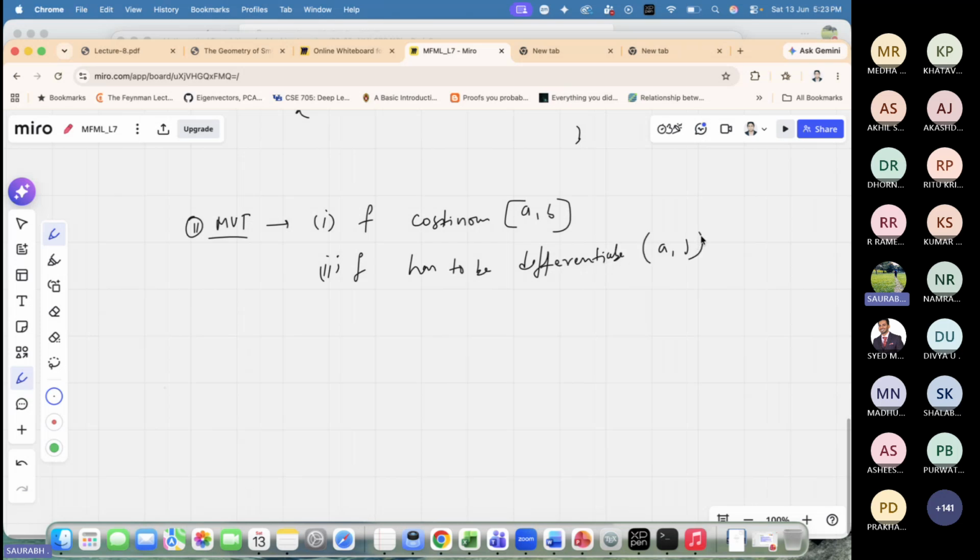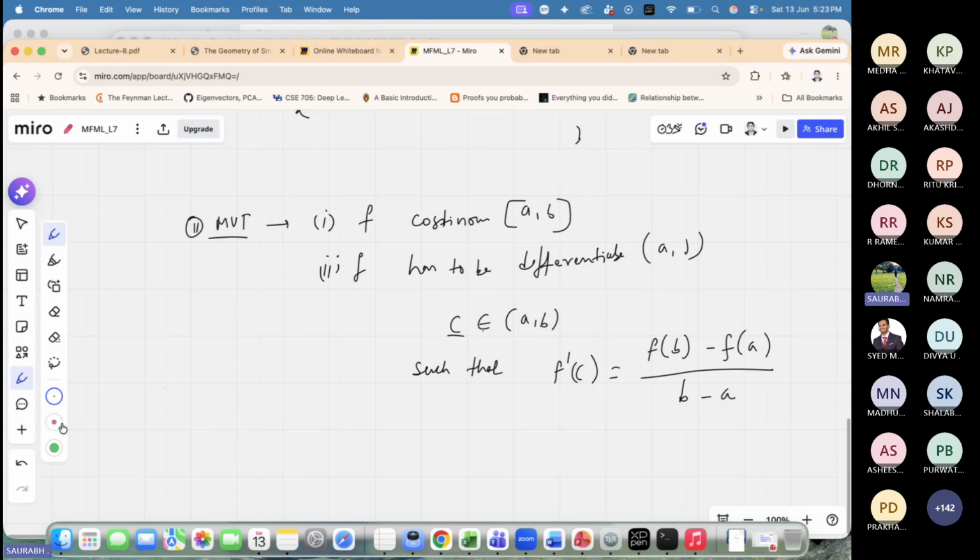If it is continuous and differentiable within that interval, then there exists a point C in between A and B such that f dash C is not equal to 0, but it is equal to (f(b) minus f(a)) by (b minus a).